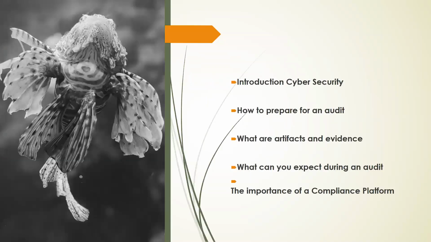Each of your controls, you're going to have to describe in detail, and you're going to have evidence and artifacts about how you meet the control. It's not that you just meet the control, it's that you can prove that you meet the control by having what's called an artifact or evidence. We'll go over what those are here as well.